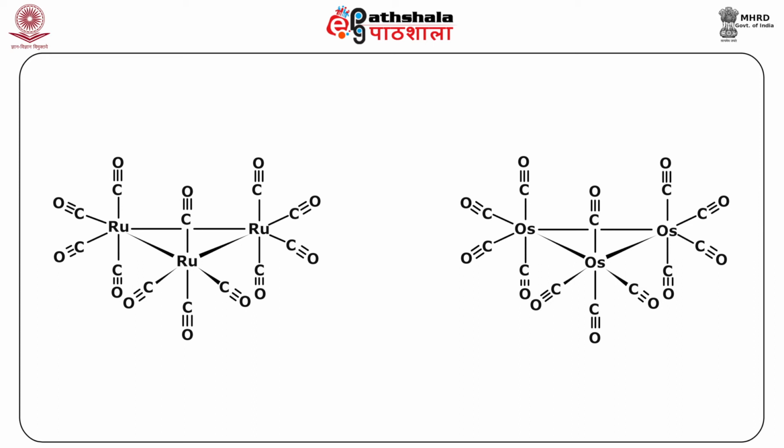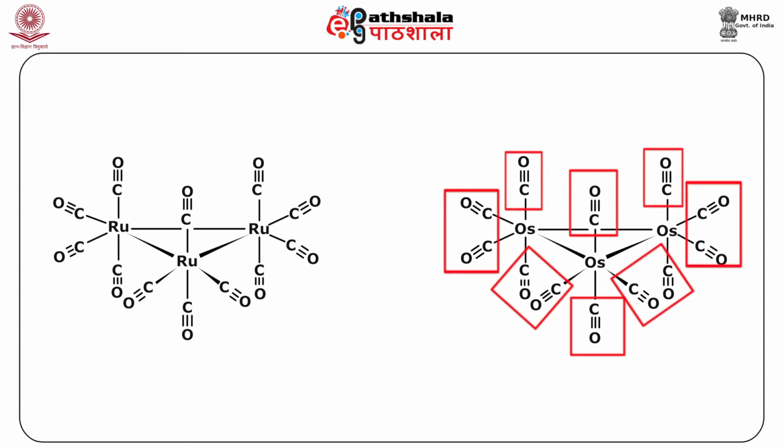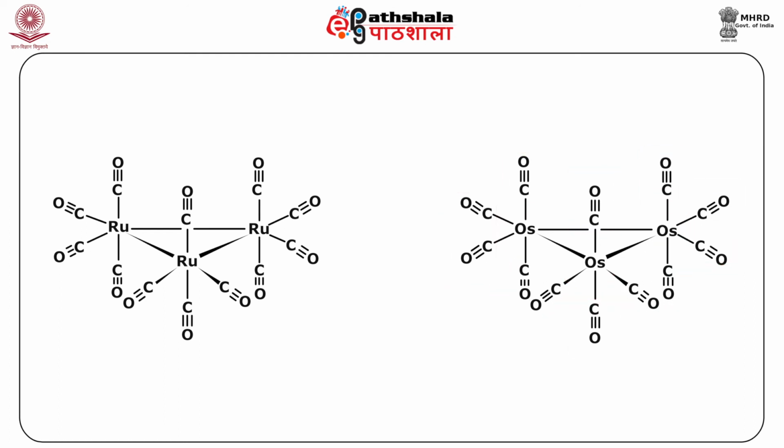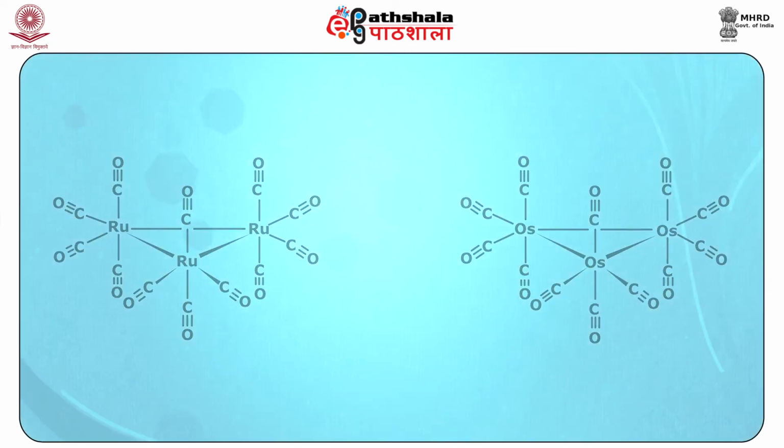So, you can notice that each of the osmium is attached to the other osmium by a covalent bond, and furthermore there are 4 carbonyls on each of these osmium as the terminal carbonyl ligands. So, collectively there are 12 terminal carbonyls, and you have the structure of this particular complex.